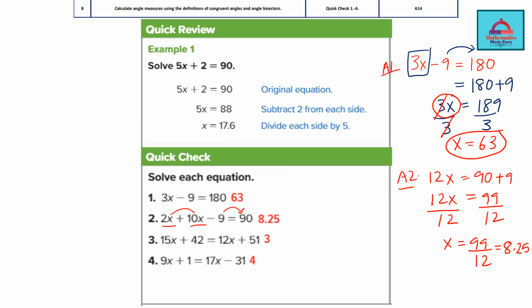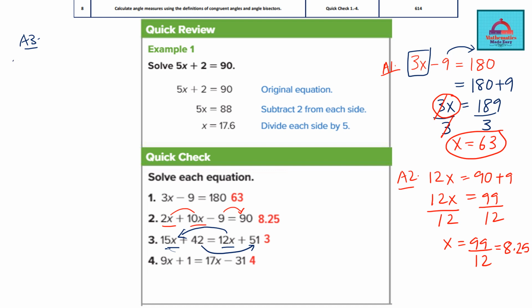Let's do answer 3 here. So for answer 3, you have variable on each side of the equation. So here also x, here also x. I'm going to move it on the other side and the 42 on the other side. So what does it become?